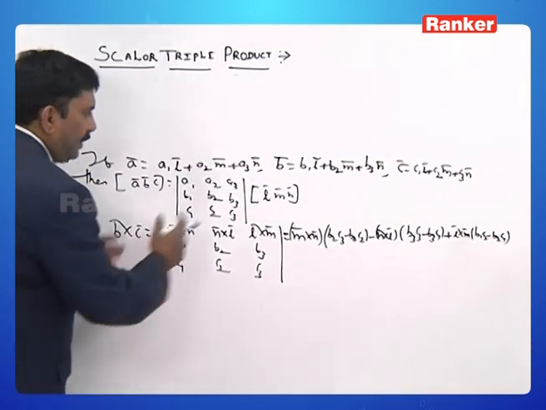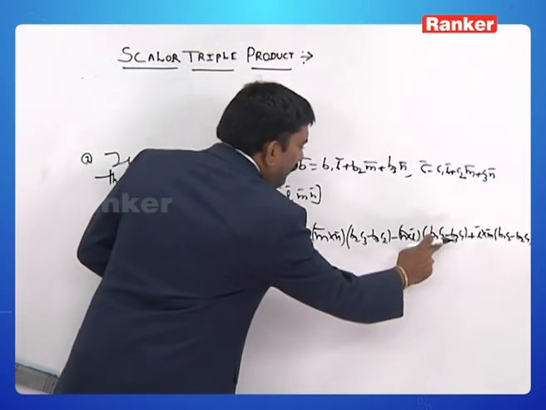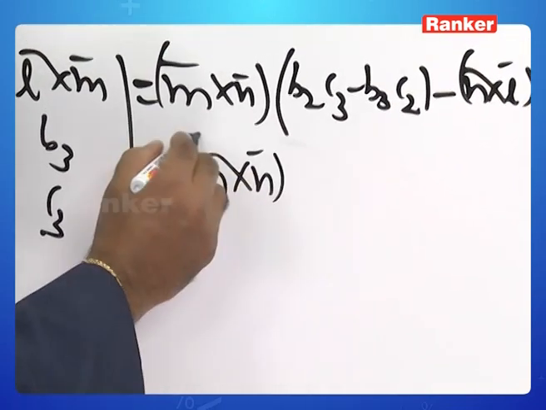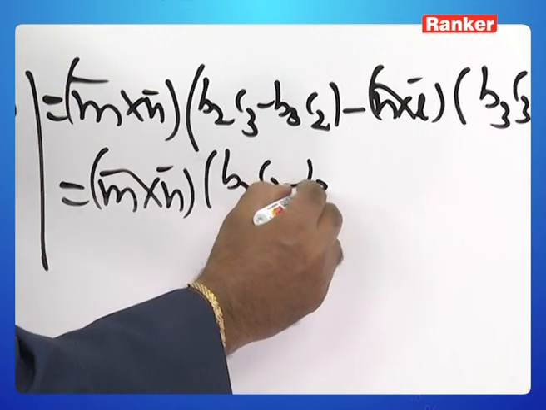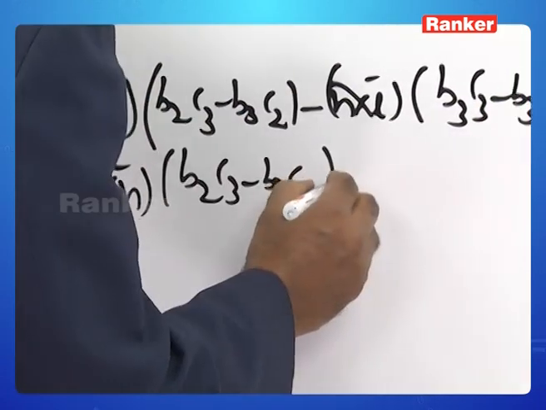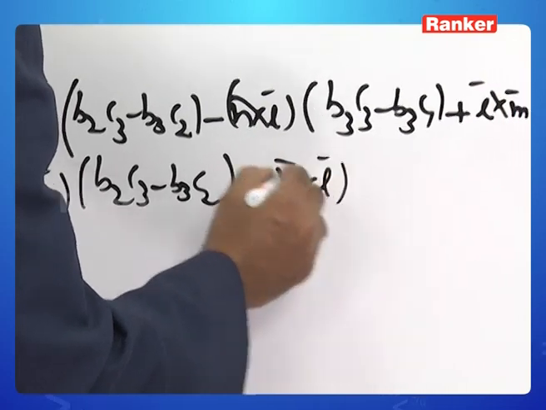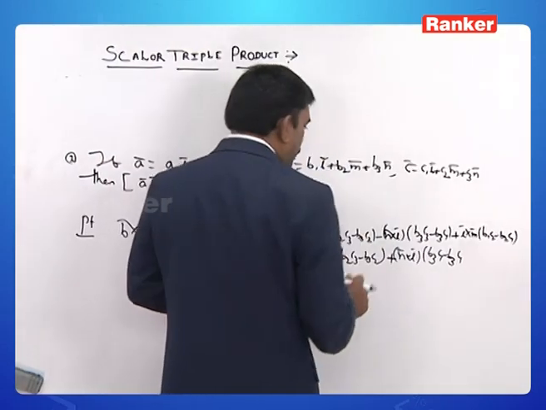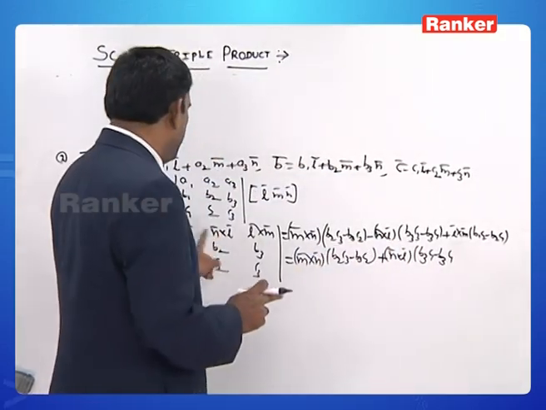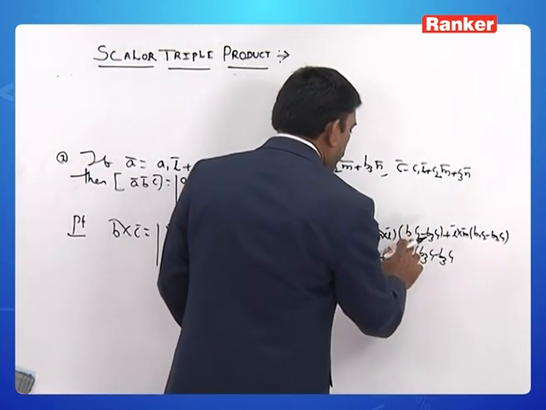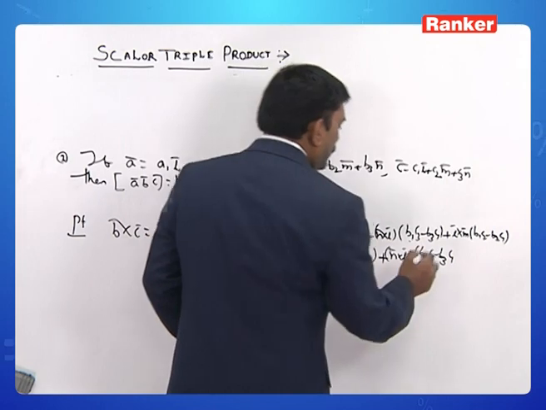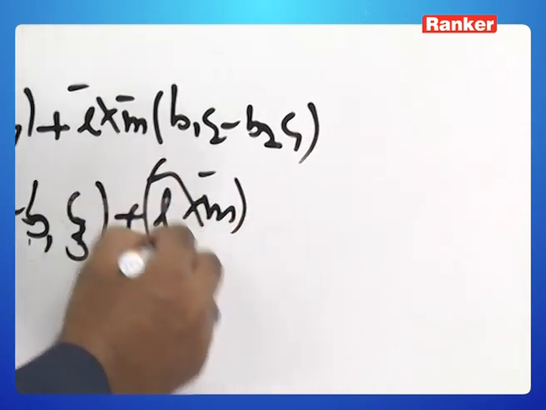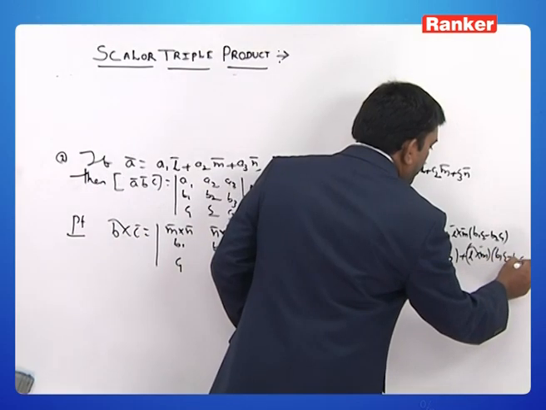Taking the minus inside, I can also write M bar cross N bar into B2C3 minus B3C2, plus N bar cross L bar into B3C1 minus B1C3, plus L bar cross M bar into B1C2 minus B2C1.